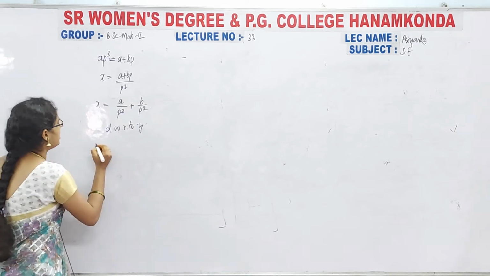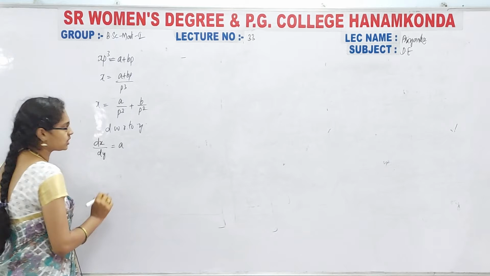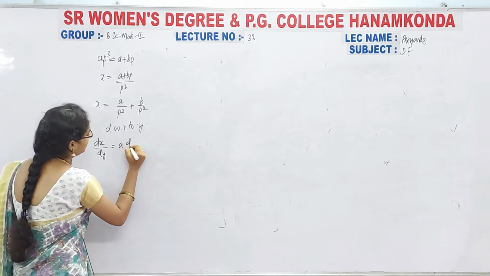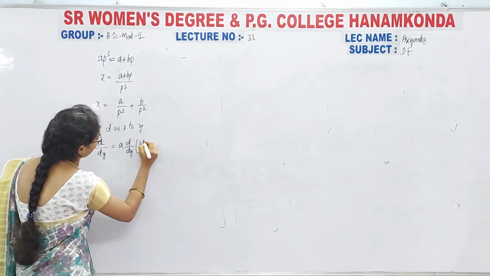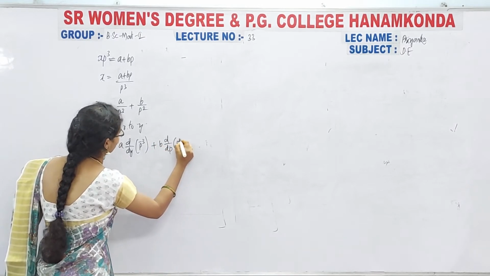Okay, so now here dx by dy equals, a is a constant value, so a times d by dy of p power minus 3, plus b times d by dp of p square.